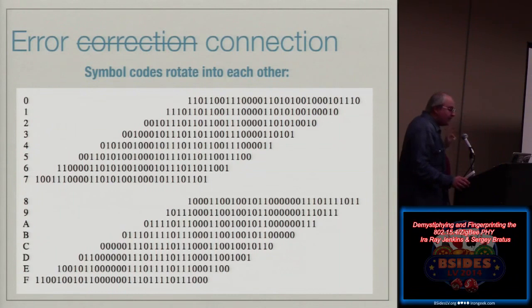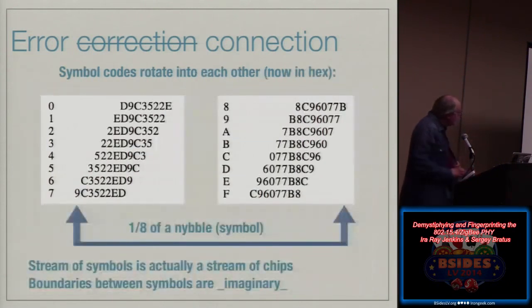And if you look at the International Journal of PoC or GTFO, the previous issue, you will find that cutout game and you can play it yourself. So these are bits. If you write them as hex, remember, this is the code that underlies the nibbles, you can see that they are rotated.